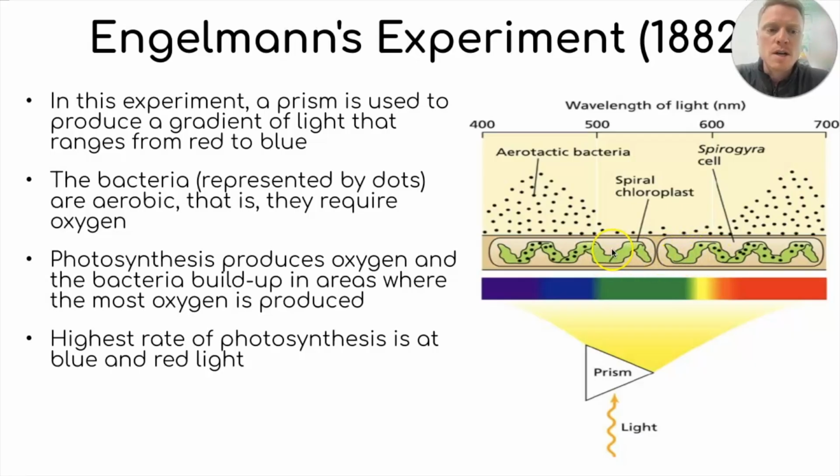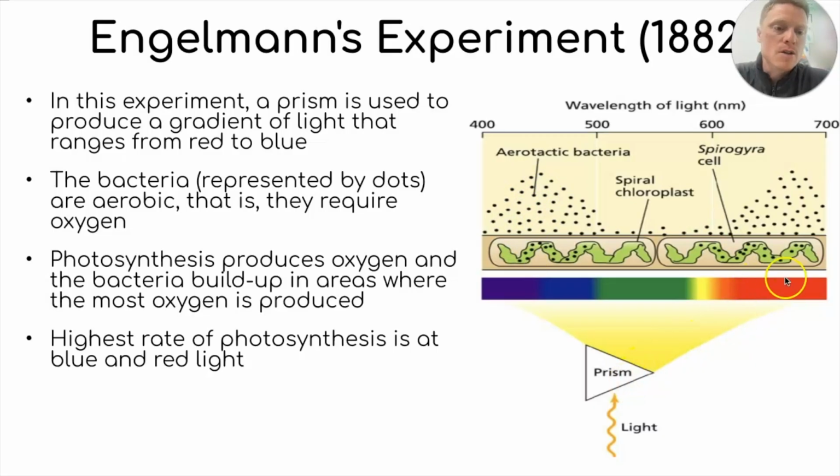So not as much oxygen was being produced in the green wavelengths of light as it was in the blue and the red. So the bacteria that required oxygen were able to grow where the blue light was shining on the photosynthetic algae, because the photosynthesis was able to happen here and was able to produce oxygen that was able to grow the bacteria.